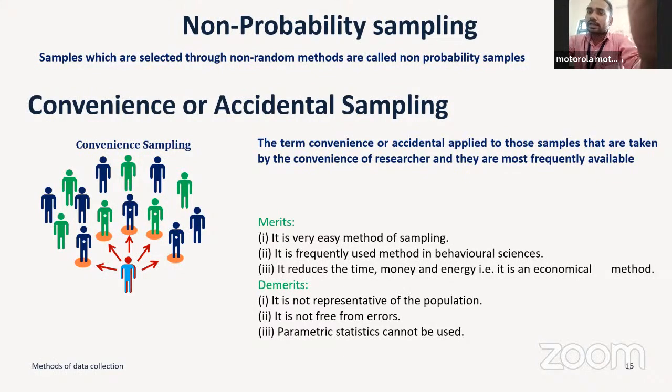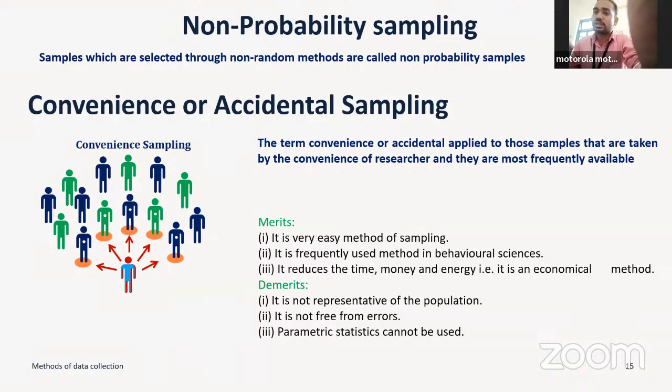We select the sample based on the convenience of the researcher. It means you can see in the picture, the researchers select the samples present nearby them. Correct? So this way we are selecting the sample. This is not random sampling. We are intentionally selecting those that are close to me.